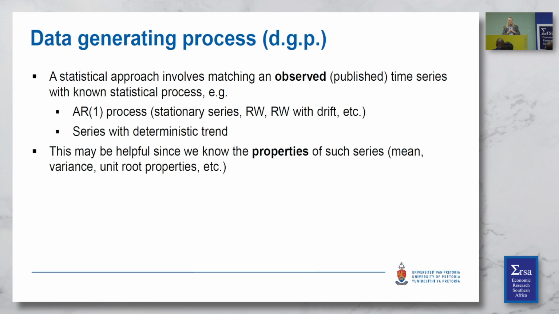And if we can do that, because we know all the properties of these statistical processes, we can then say this series is non-stationary because it resembles a random walk, and we know these properties, those that we prove as statistical students, so we know that based on that, the series must be stationary or non-stationary.